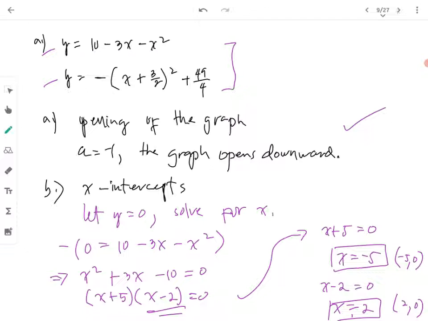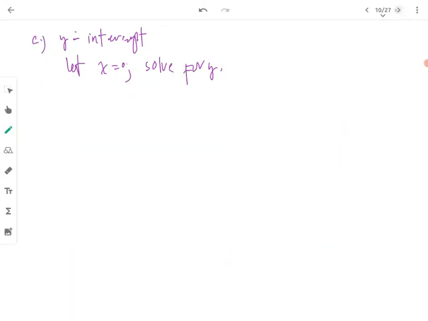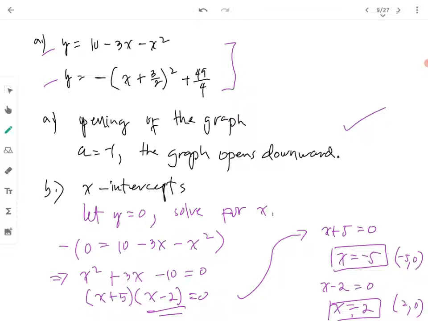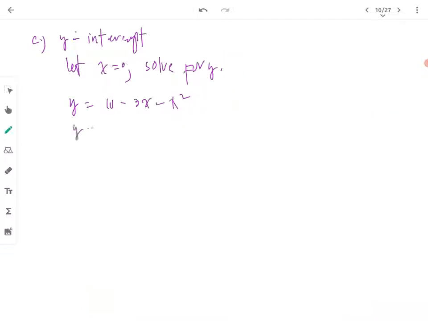So y equals 10 minus 3x minus x squared. Substituting x equals 0, y equals 10. Meaning the graph will pass through 0, 10 from above.